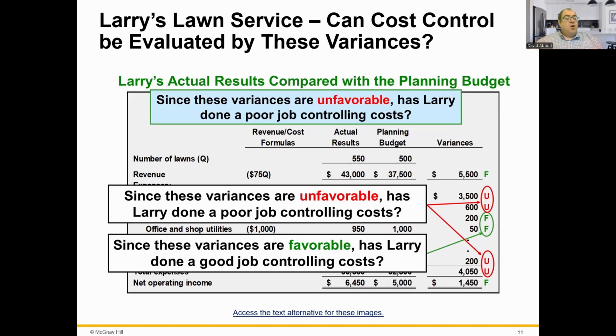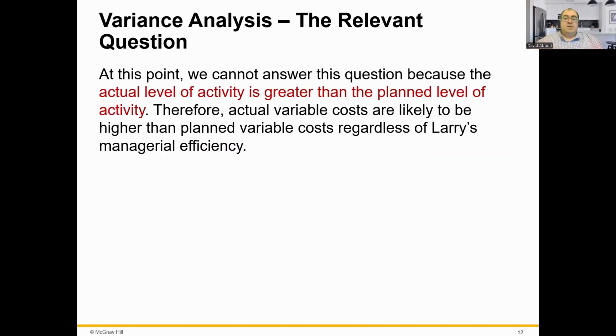Now, the important question for us to consider is, do these expense variances indicate whether Larry has done a good job controlling his costs? That's what we're trying to figure out. He did have a couple areas that were unfavorable, primarily with his variable expenses. We want to know how well he did in controlling that.